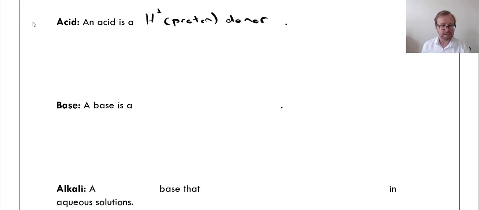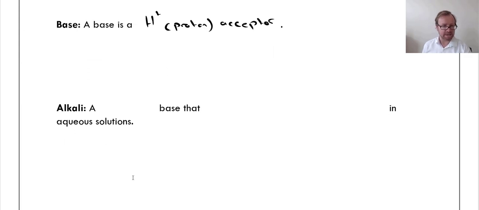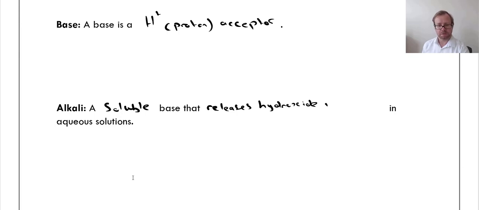A base is a H plus or a proton acceptor, and we can define an alkali as a soluble base that releases hydroxide ions, which are OH minus in aqueous solutions.